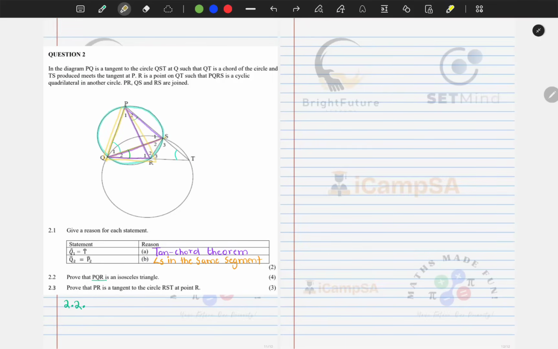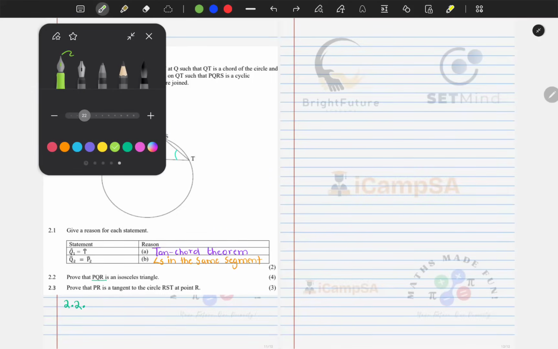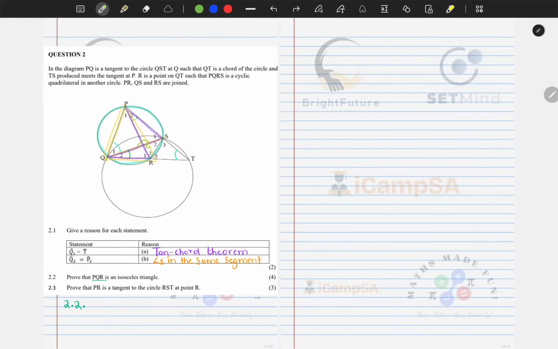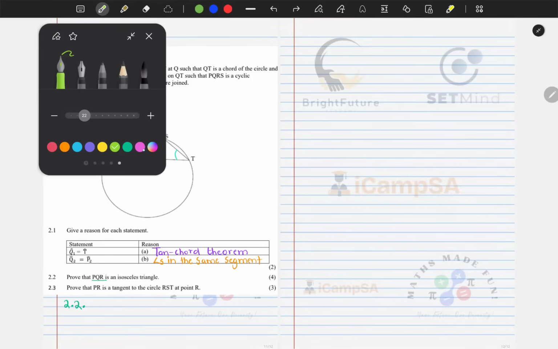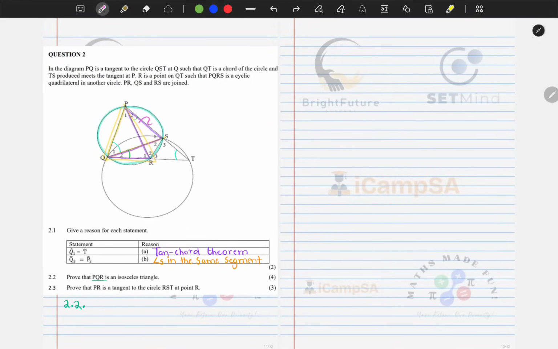This should be very easy to prove, because we just need to show that two of these angles are equal. If we have two angles being equal in the triangle, we are done.